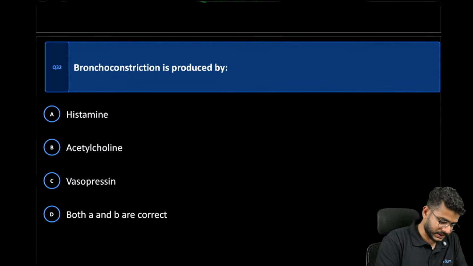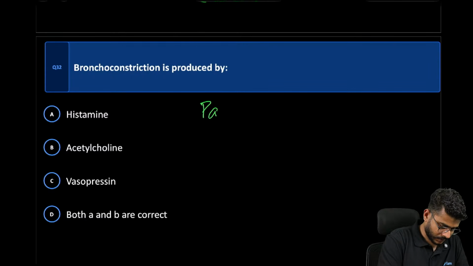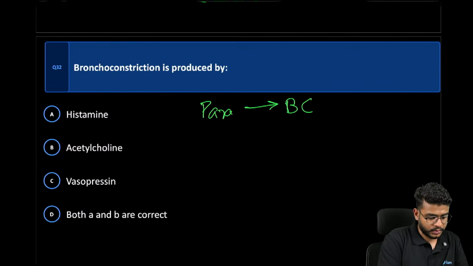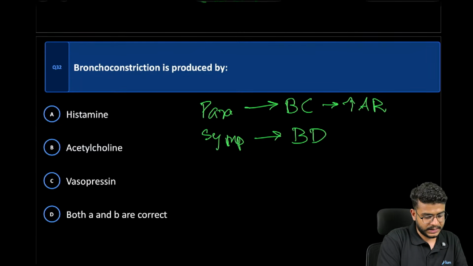The parasympathetic causes bronchoconstriction, meaning increased airway resistance. Sympathetic causes bronchodilation, leading to decreased airway resistance.